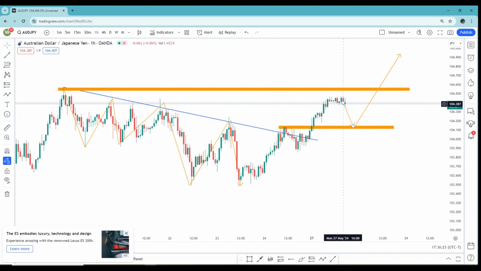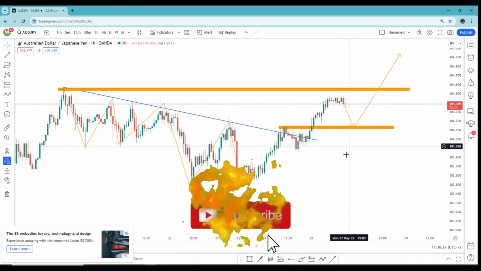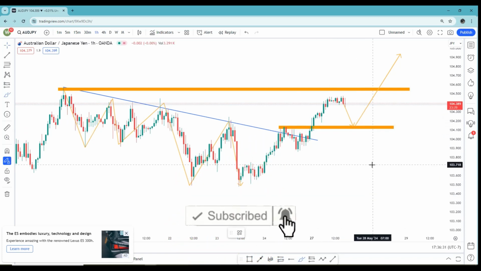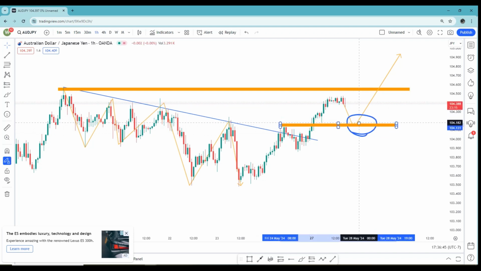I need to see the pullback around this area. After I see the pullback, I wait for the confirmations. They are going to appear, bro, around this area. You will see them obviously. And once you see the confirmations in this area and the market starts going up, then you go with it, because you already have some confirmations.